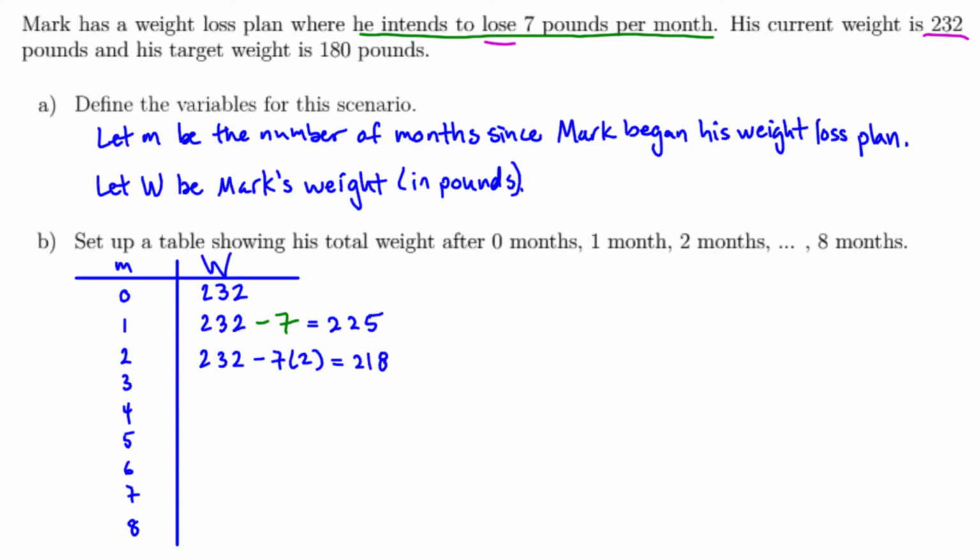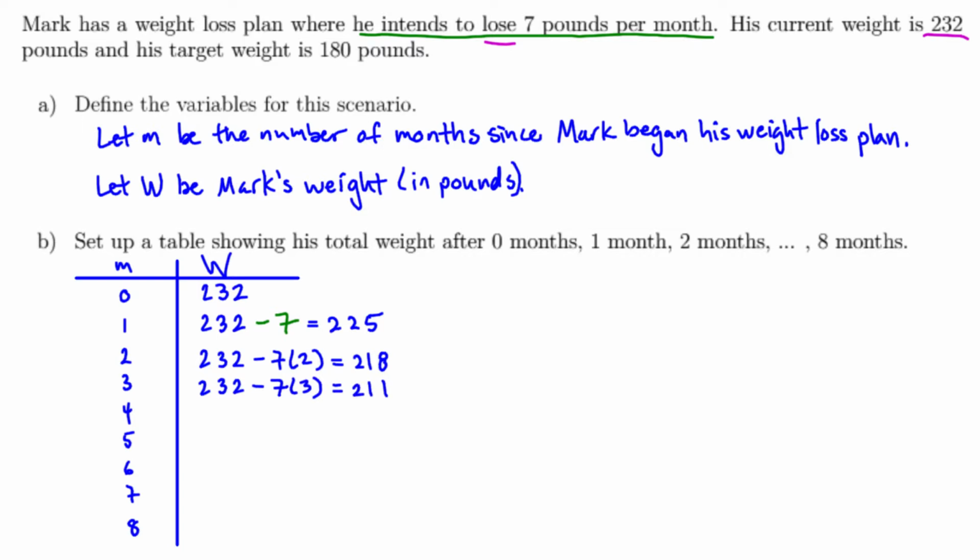If we look at 3 months, we're going to do the same thing. 232, and we could technically take that 218 and subtract another 7, but thinking about this in terms of how it relates to that 3 months, each month he's lost 7 pounds, and 3 months have gone by. So we will subtract 7 times 3, and that will give us 211.